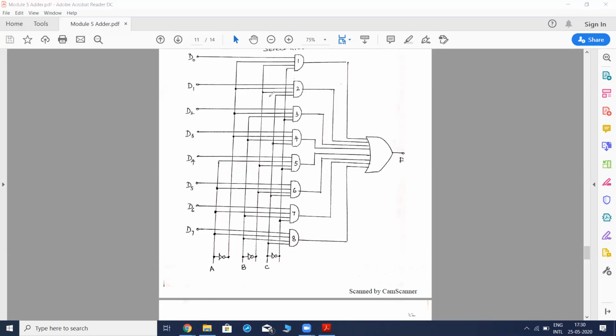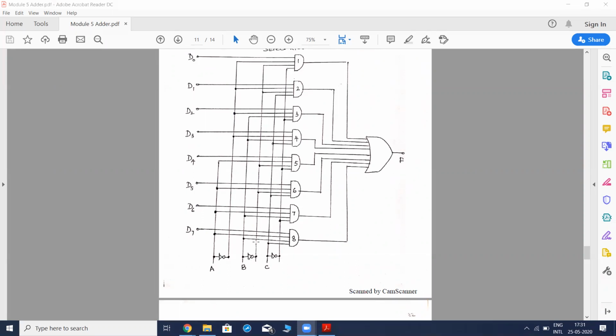So now let us see the input to our first AND gate. It is D0, one of the data lines that is given, and from the functional table we saw that it is A complement because all are zeros over there. That is A, B, C, all three are zeros. So we must take the tapping from A complement, B complement and C complement. You could see that this particular line is A complement, and it goes to the first AND gate.